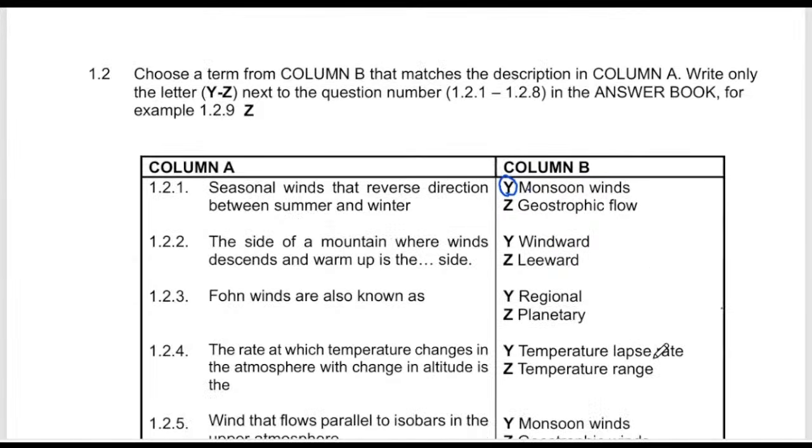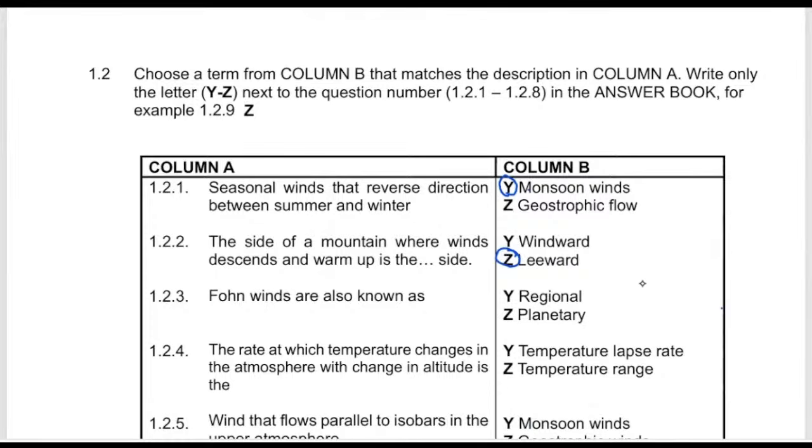Right. Let's look at question number 1.2.2. The side of a mountain where winds descend and warm up is the, right? If you are looking at the side of the mountain where winds descend and ultimately heat up adiabatically because of the descending, it is our leeward side. I think that is still common understanding.